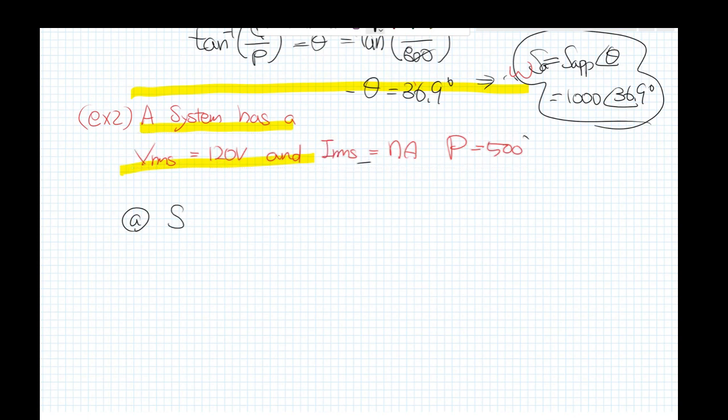So maybe S, the apparent power, can be in polar form or rectangular form like this one. So S apparent is what? V sub RMS multiply I sub RMS at angle theta.